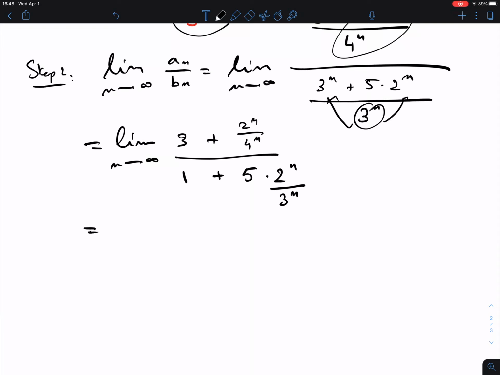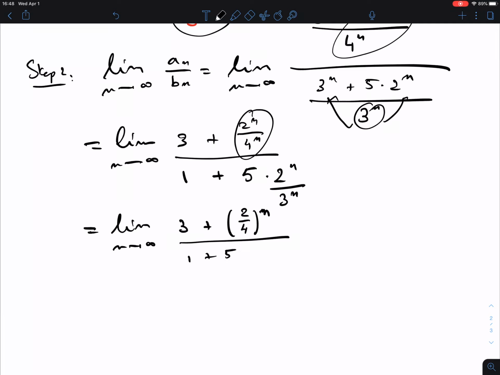What is this now good for? Well, we have to write it slightly differently, because I'm now going to combine these powers as a single exponential, 2/4, which of course is a half. And then here also 1 plus 5 times 2/3 to the n. Now what matters here is, I repeat, if the base a is bigger than 1, then a to the n goes to infinity.